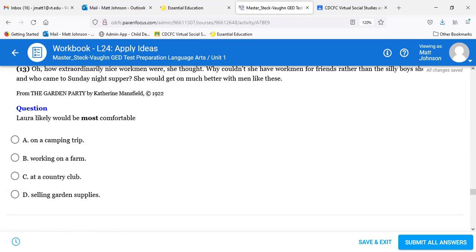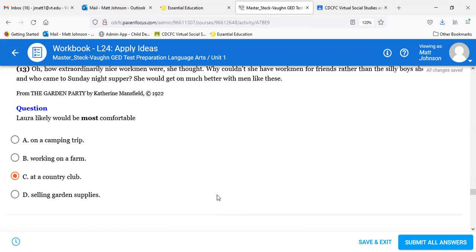Is it B? C. She's a little fancy. Yeah, so C for the country club. She's a little proper and will probably be comfortable in that environment.